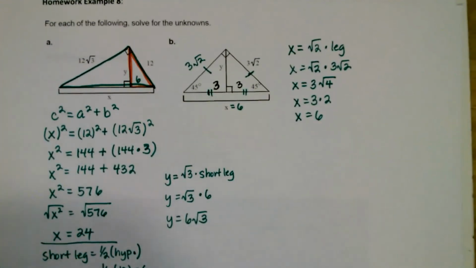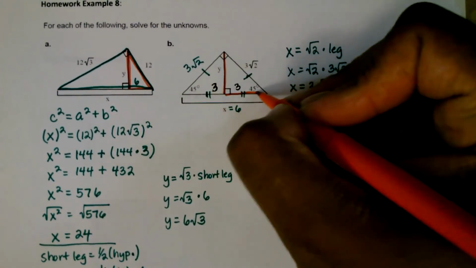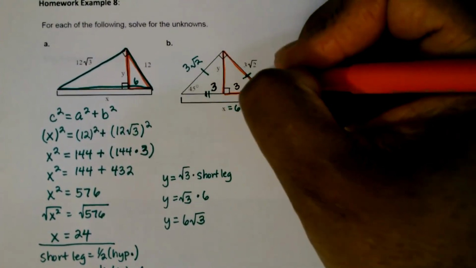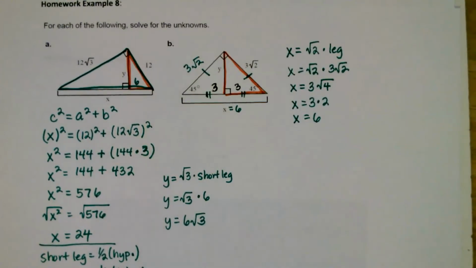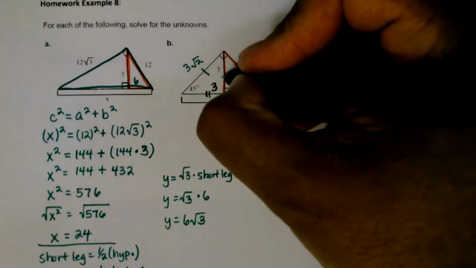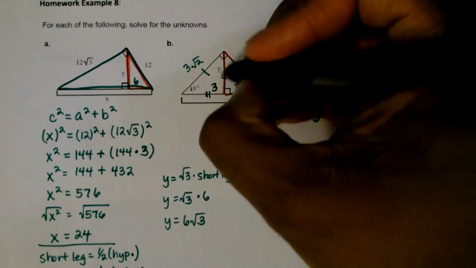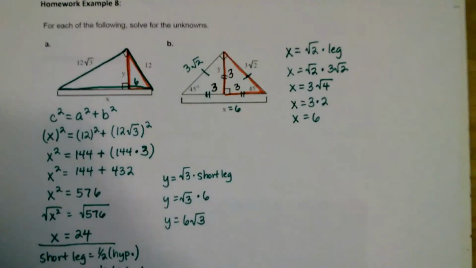Well, now I'm going to focus on this triangle right here. This is a 45, 45 right triangle, where this length and this length right here are equal. So if this length is 3, then y must be 3.